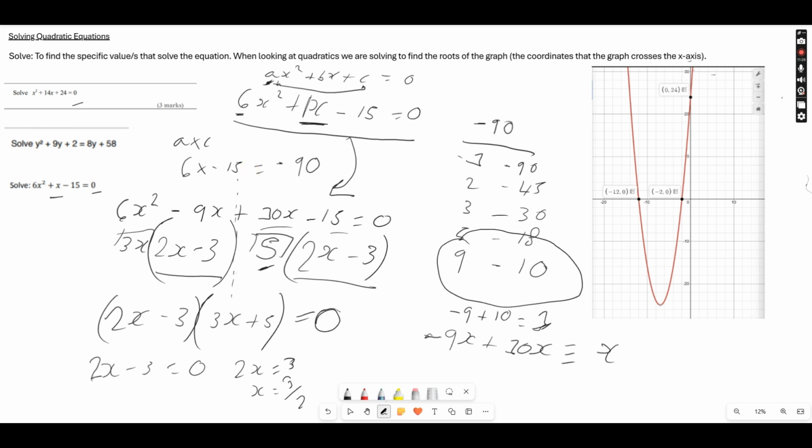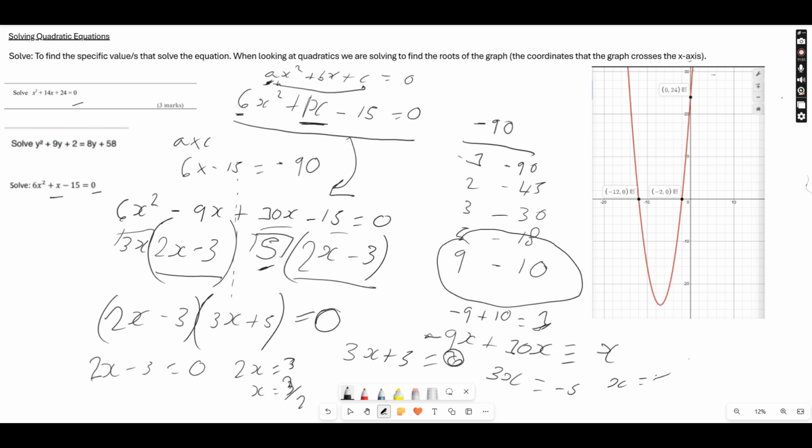That's a really bad 3. And then same with this one, 3x plus 5 is 0. 3x equals minus 5, so x equals minus 5 over 3. I'll just write that a bit neater.